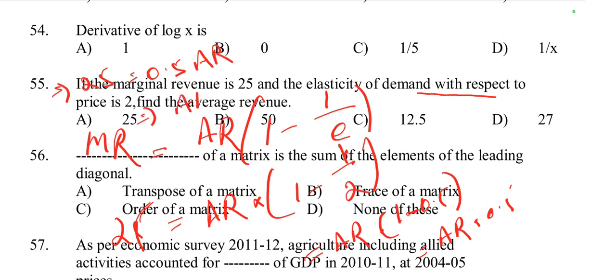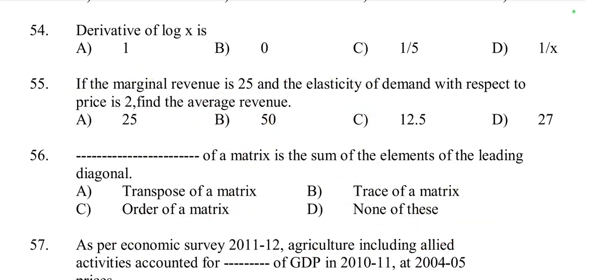This implies AR is equal to 25 by 0.5, or we can say 250 by 5. 5 5s are 25, so 50. So the right answer is 50. Option B is the right answer.